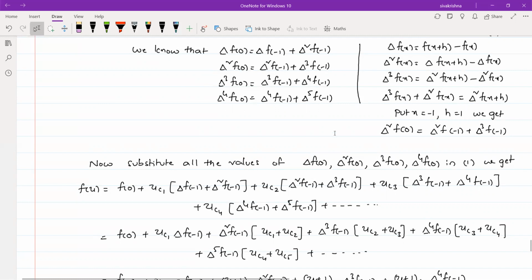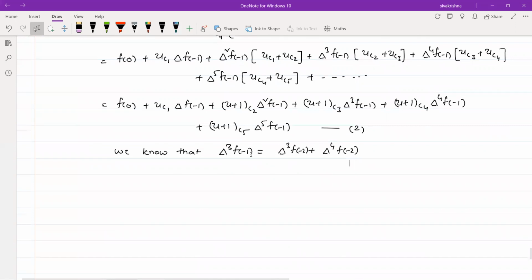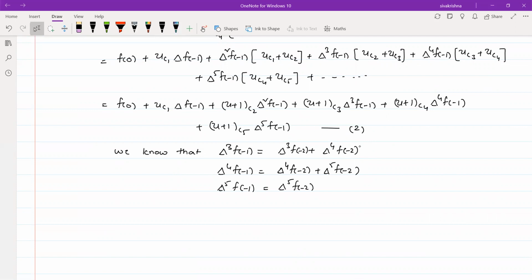In the same way, delta cube f of minus 1 is delta cube plus one more delta, delta power 4, and since the left side value of minus 1 is minus 2, we write minus 2 and minus 2. Similarly, delta power 4 f of minus 1 can be written as delta power 4 f of minus 2 plus delta power 5 f of minus 2, and delta power 5 f of minus 1 can be written as delta power 5 f of minus 2 plus delta power 6 f of minus 2.